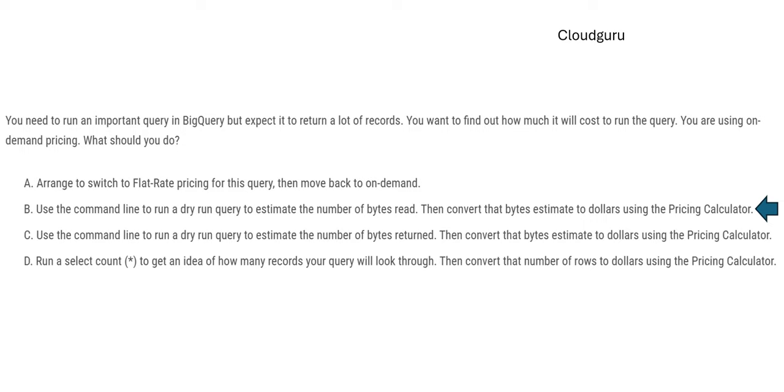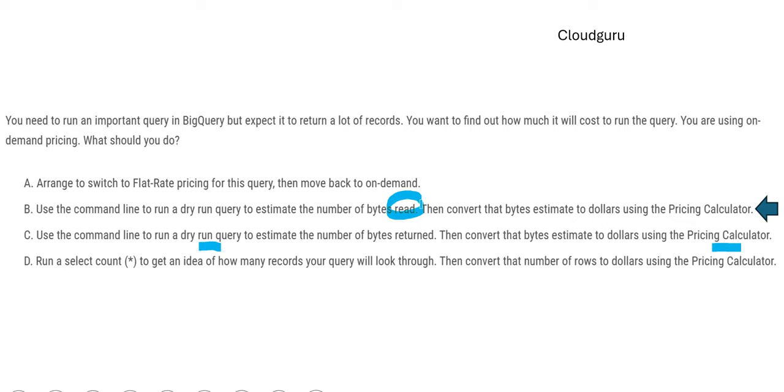Now, if you see option C, that also says I will dry run, I will use the pricing calculator. So why is it wrong? What is the difference between the two? The difference is B is saying I will count the number of bytes read.